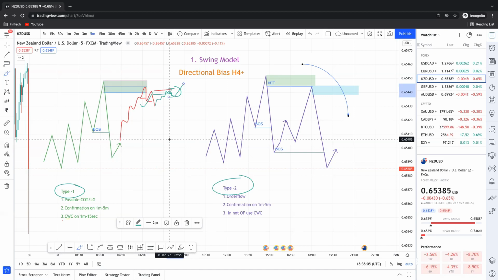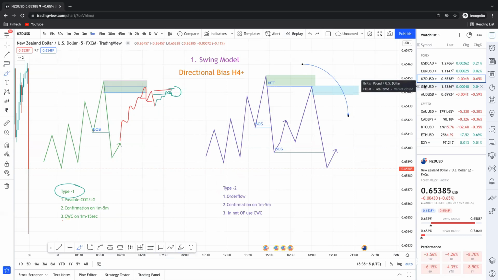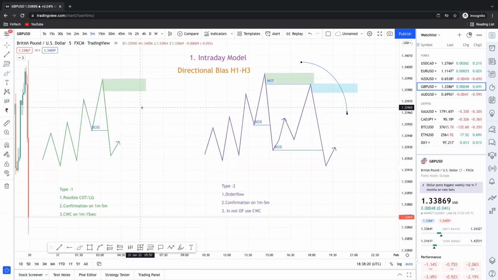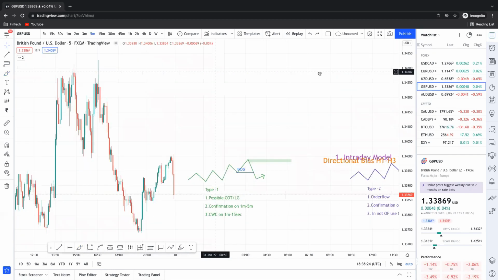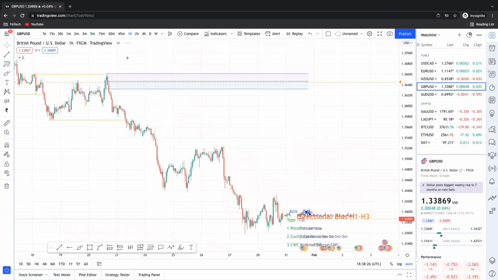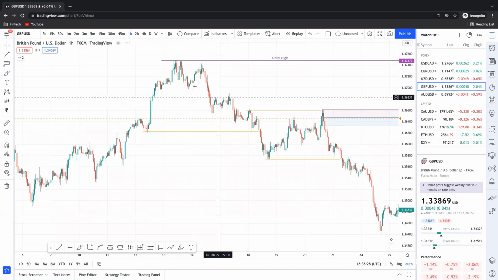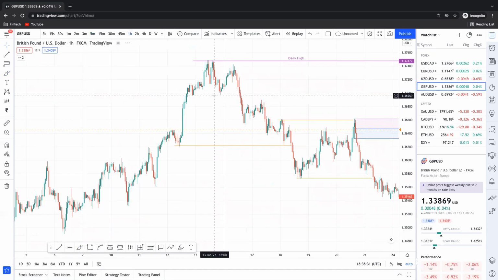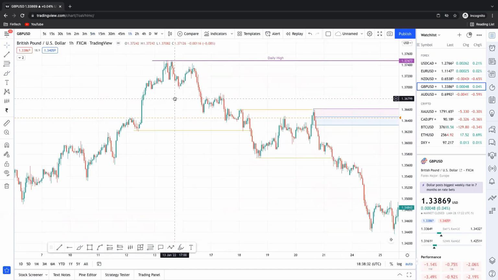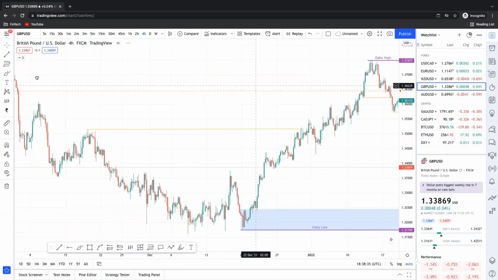Okay, so this is one of the predominant things I look for in the market, and it is so ingrained. For example, I think it happened on the British pound actually last week, on the 1 hour or 4 hour probably. Yeah, 4 hour, I guess.